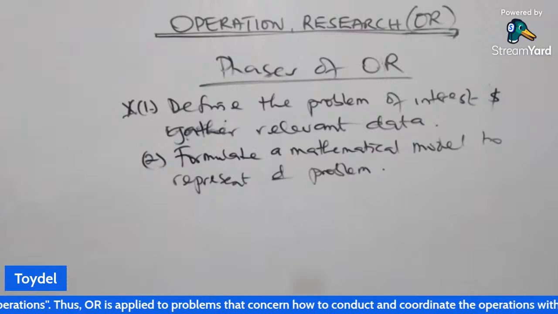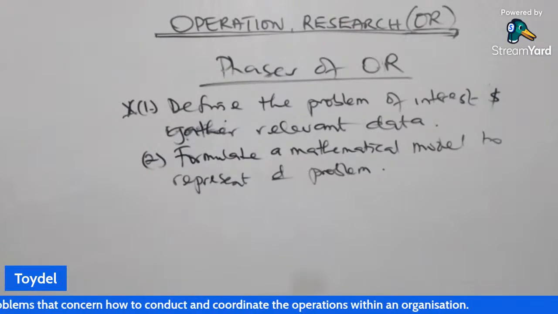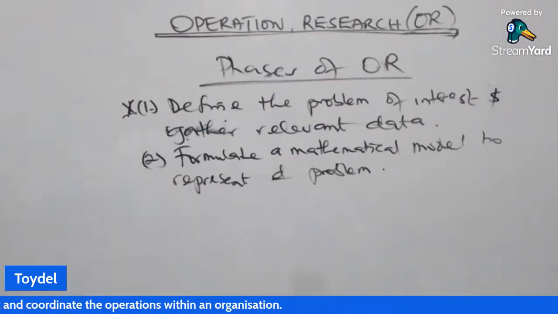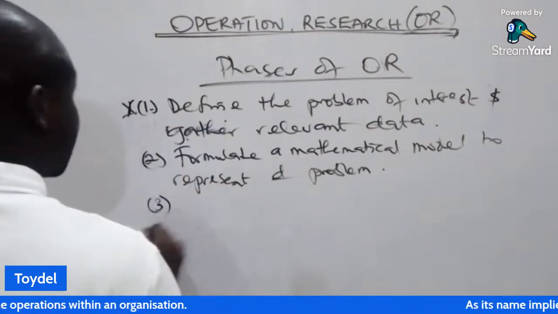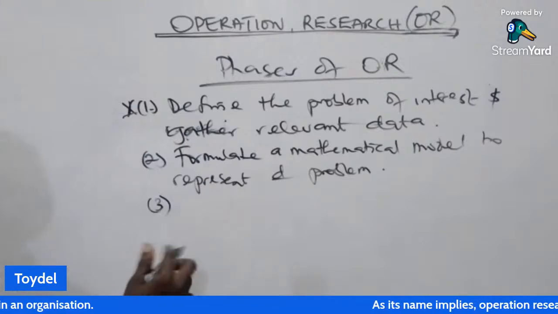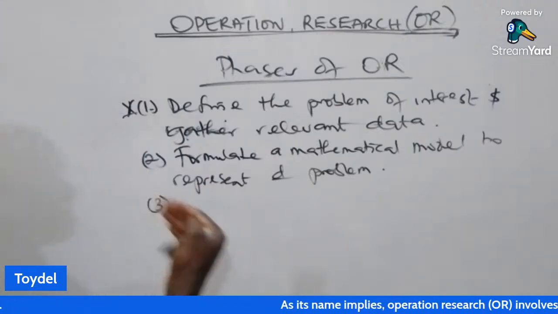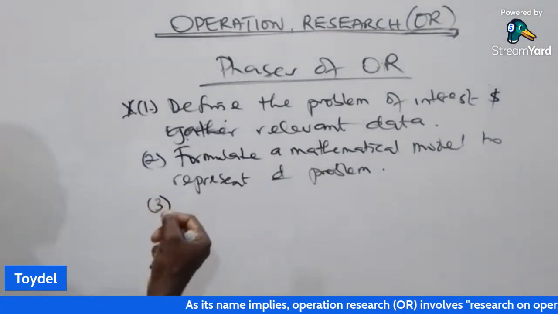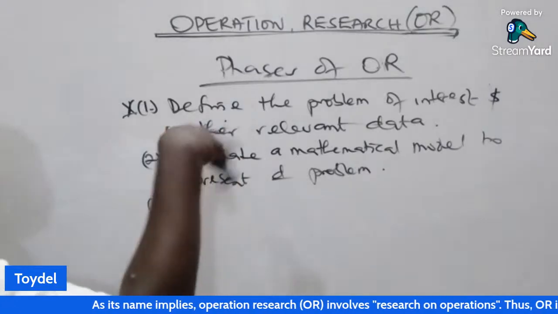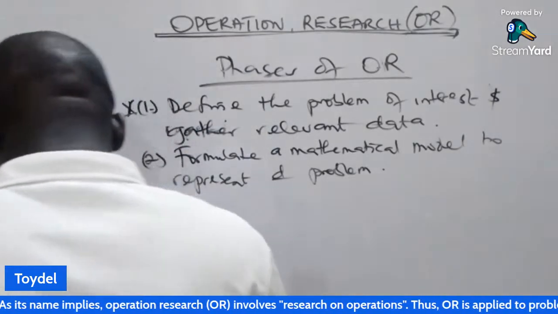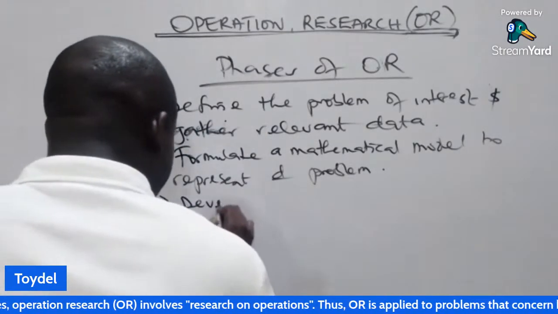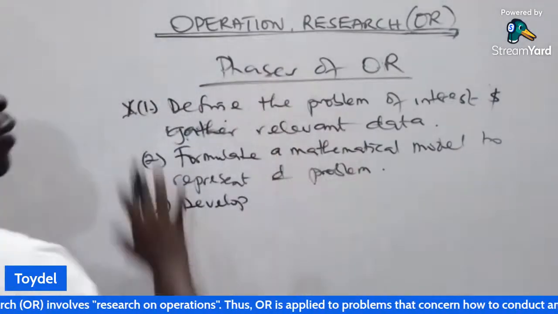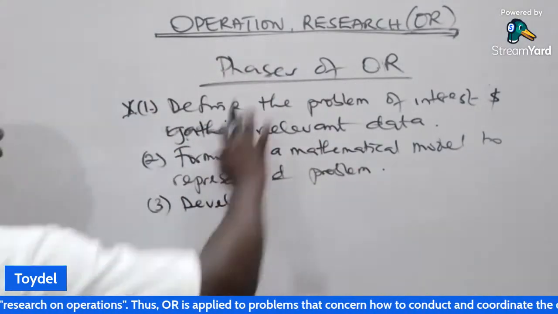The third one is that we develop a computer-based procedure for deriving solutions to the problem from the model. As I've said earlier on, we have a lot of software on OR that has been tested and proven to be okay. We are looking at the general overview of OR.